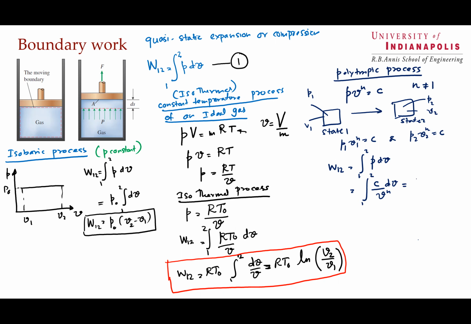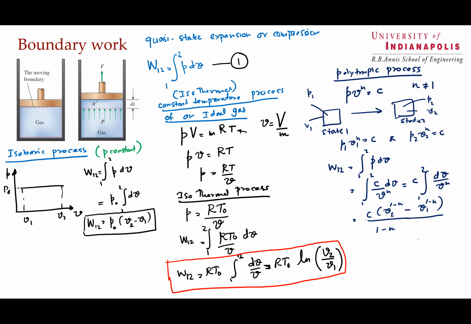And I can take C out of that integral, dV over V to the power n, 1 to 2. When you integrate that, you get C over 1 minus n times V2 to the 1 minus n minus V1 to the 1 minus n.